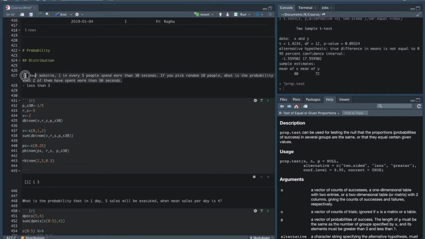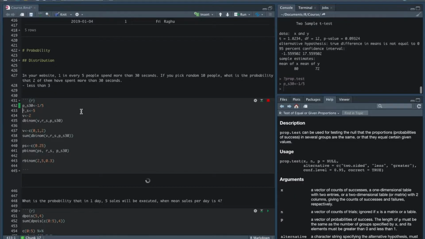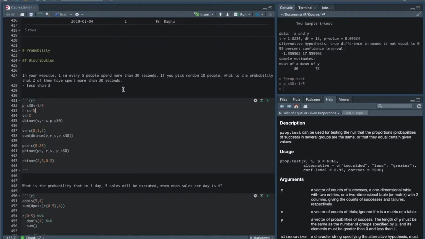So we start with, first of all, the probability of someone spending 30 seconds, which is given by 1 in every 5. So it becomes 1 by 5. Then we mention the size. Size means, here if you want to pick 10 people, we will write 10.